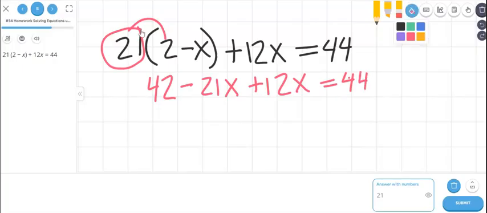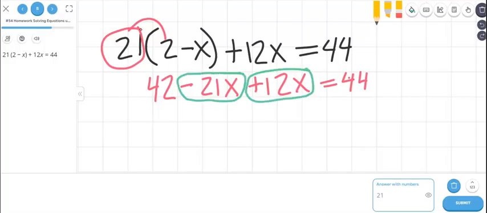So I notice we have some like terms, negative 21x and positive 12x. So I think that's negative 9, but let me just double check. So negative 21 plus 12 gives me, yep, negative 9x. And then we still have our 42 and our equals 44.